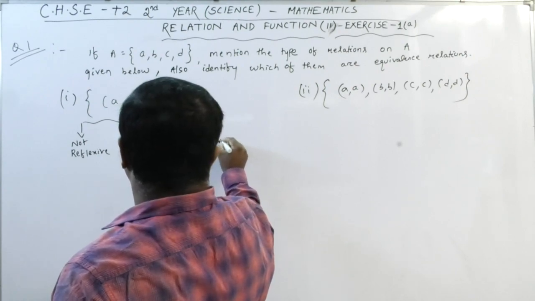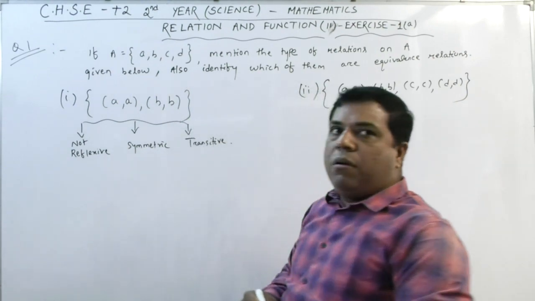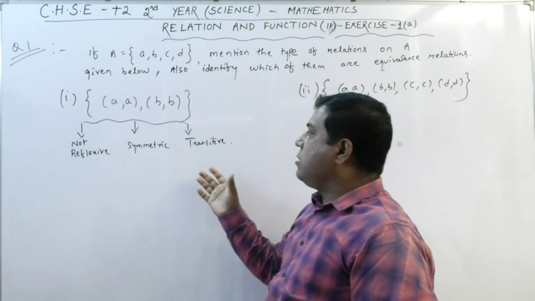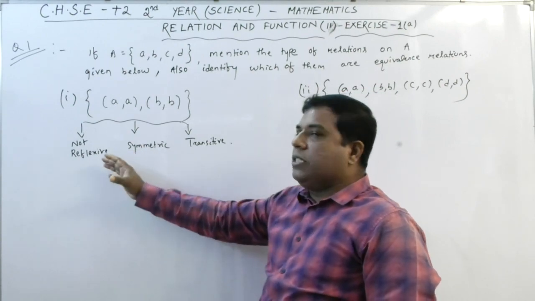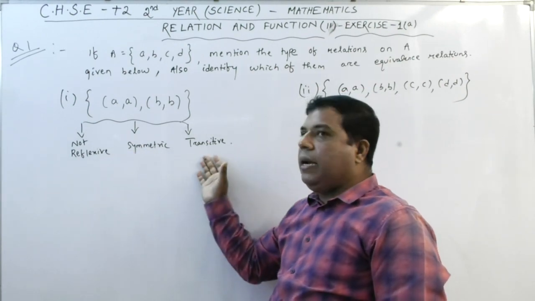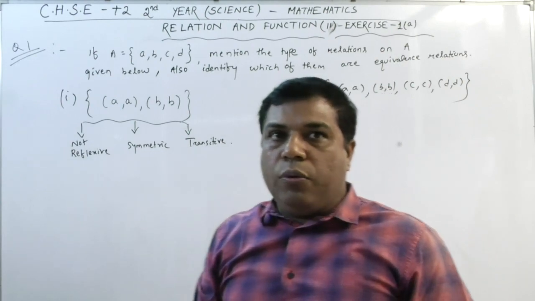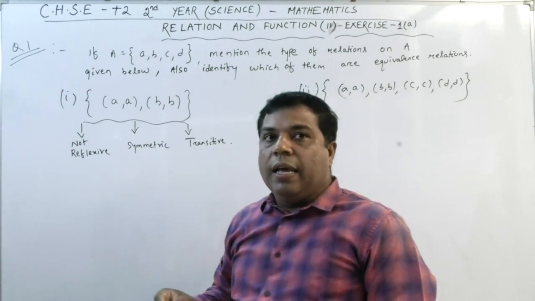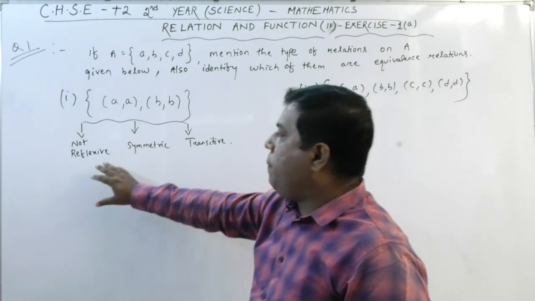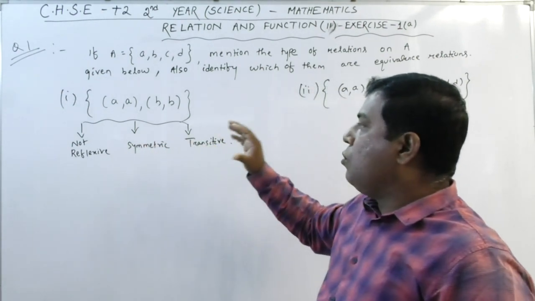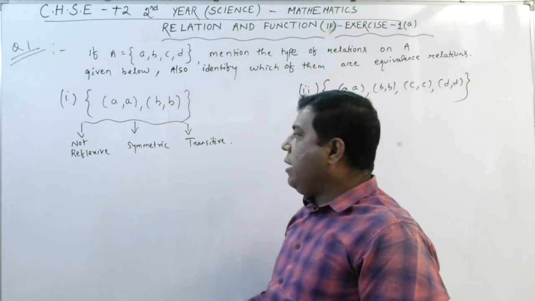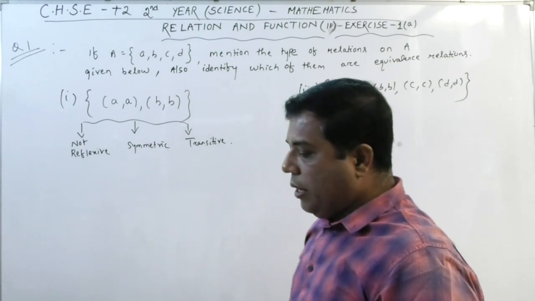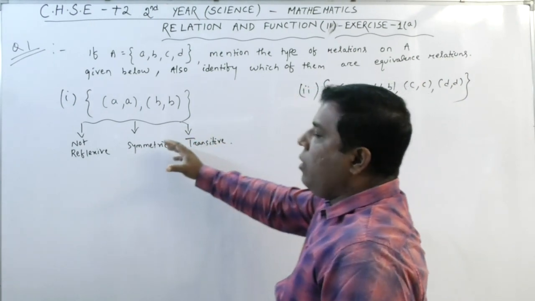So this relation is not reflexive but symmetric and transitive in nature. Is it an equivalence relation? No, it is not equivalence. Very good, my dear students. If it is equivalence, then it should be reflexive, symmetric and transitive. But here it is not reflexive, it is only symmetric and transitive. Clear about it?